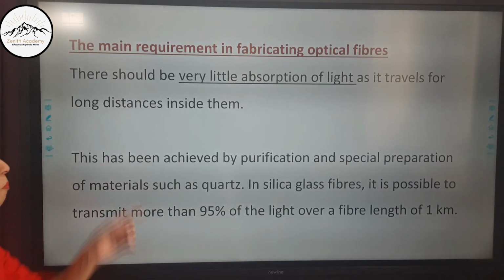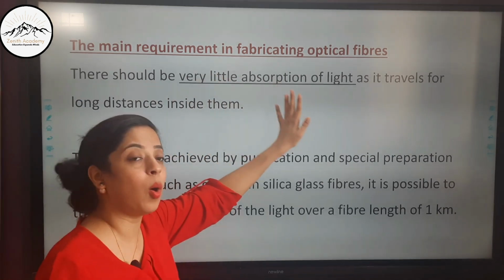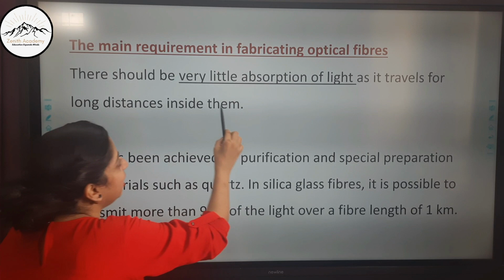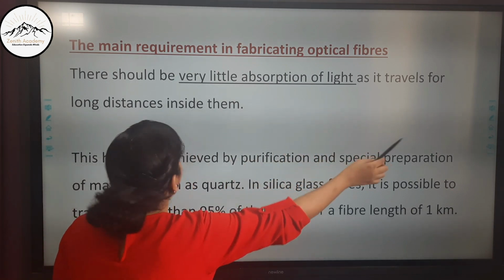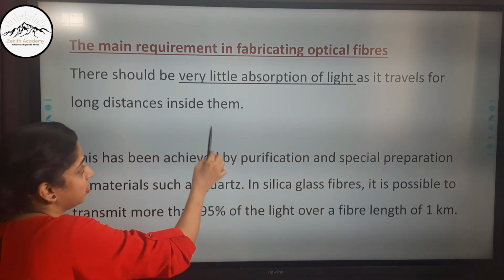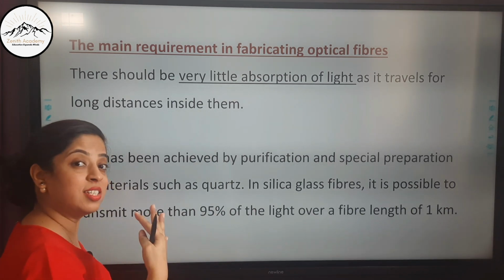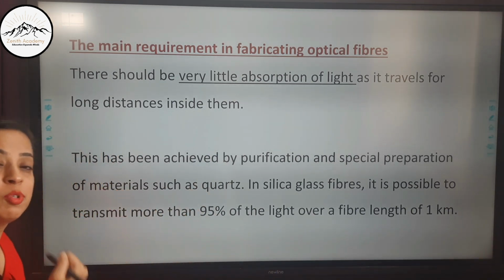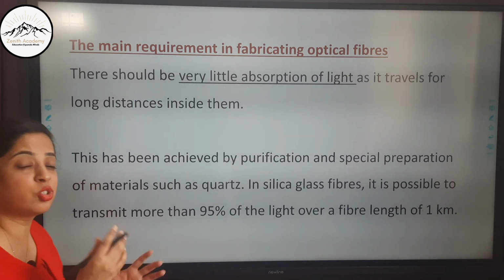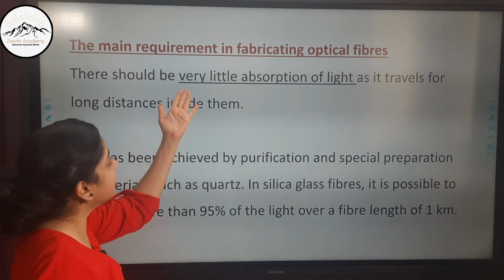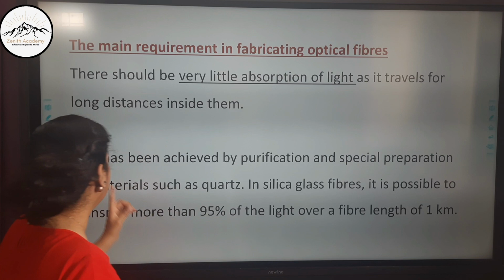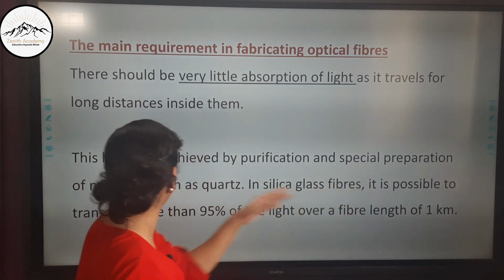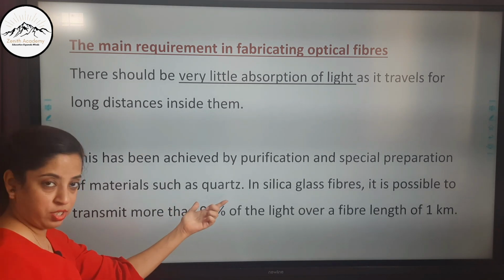Now, what is the main requirement in fabricating optical fibers? This is very important. What is the main requirement? That there should be very little absorption of light as it travels for long distances inside them. Since they are traveling a very long distance, they should not absorb light. They should be of a material which does not absorb light, or we can say very little absorption of light. How has this been achieved? By purification and special preparation of materials such as quartz.